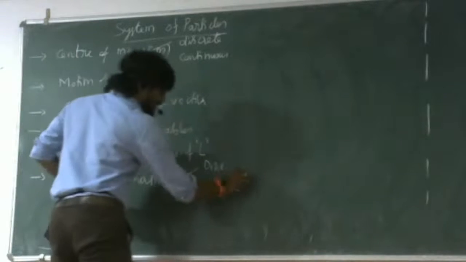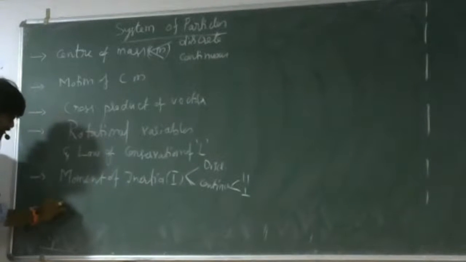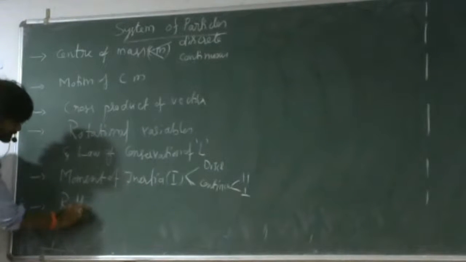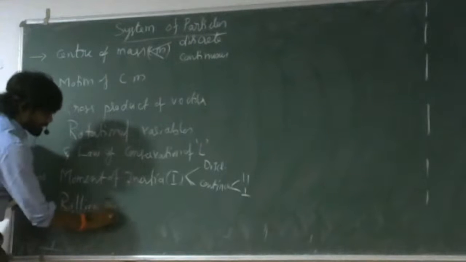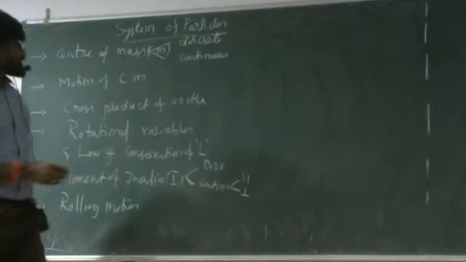One is the parallel axis theorem and another is the perpendicular axis theorem. So what are those? We will see briefly. Then at the end we will discuss briefly about rolling motion.